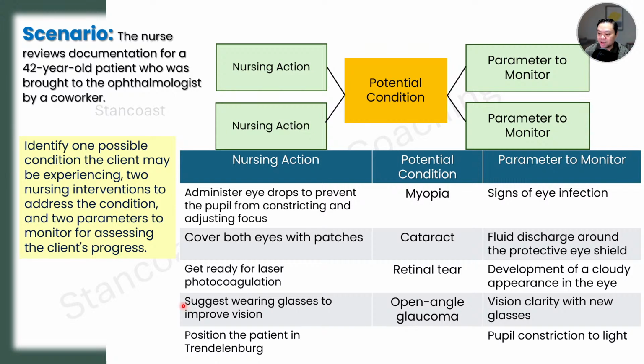We also have suggest wearing glasses to improve vision, and position the patient in Trendelenburg's. And we have the parameters to monitor: signs of eye infection, fluid discharge around the protective eye shield, and development of a cloudy appearance in the eye, and vision clarity with new glasses, and pupil constriction to light. Now, what do you think is going on in this patient based on the scenario?